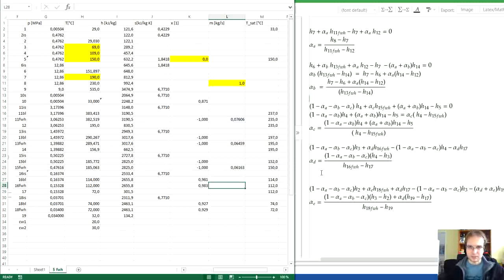Alpha D at point 16, we have 1 minus alpha A, alpha B, alpha C multiplied by H4 minus H3 and divided by H16 feedwater heater minus H17.